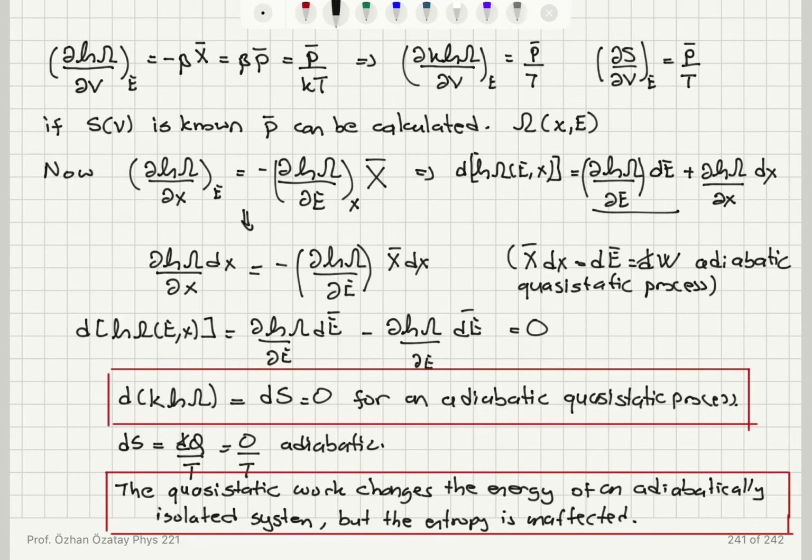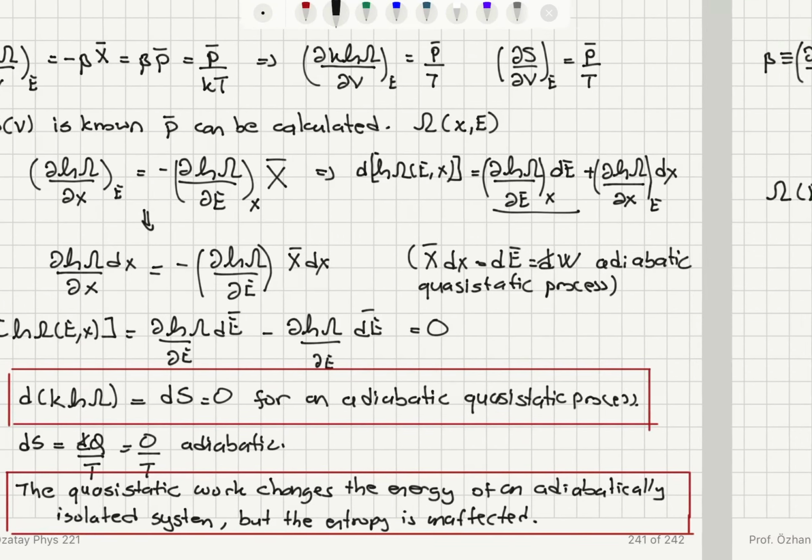So this is done for constant x, this is done for constant E. You see that the change in entropy must be 0 for an adiabatic quasi-static process, which is quite evident if you look at the expression for infinitesimal changes in entropy for any process, which is d bar Q over T. So d bar Q is 0 for the adiabatic process, so it's going to be equal to 0.